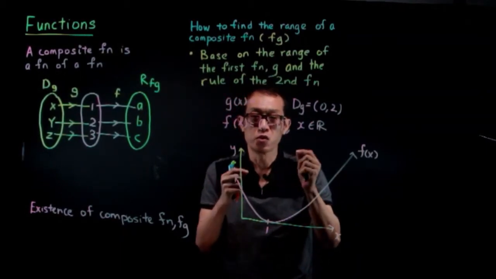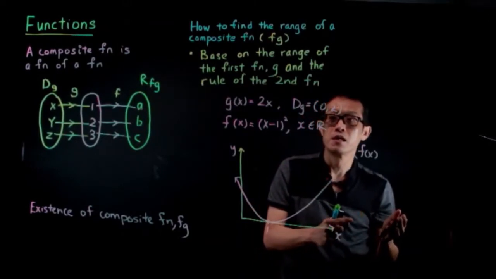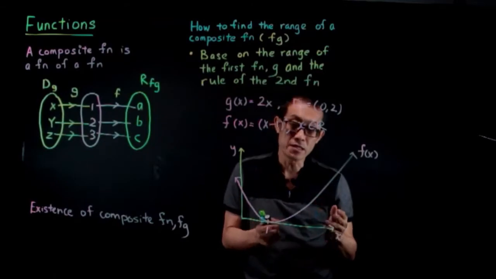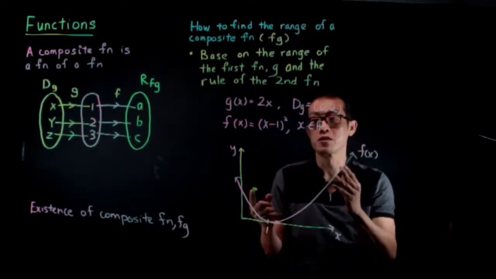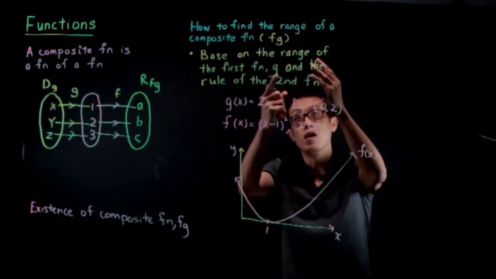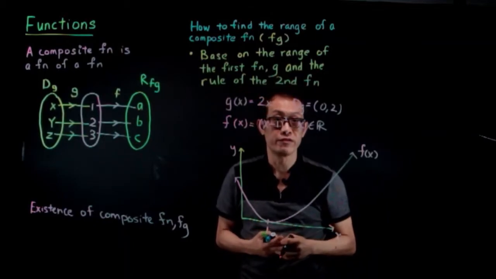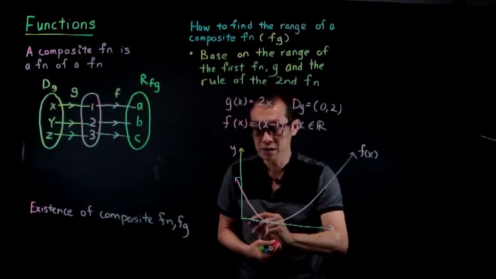So the range of g now becomes the domain of f. That means the range of the first function becomes the domain of the second function. So what is the range of the first function?